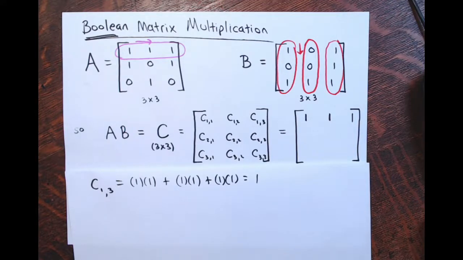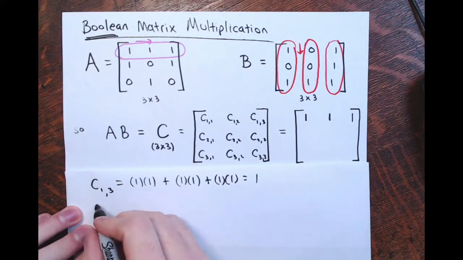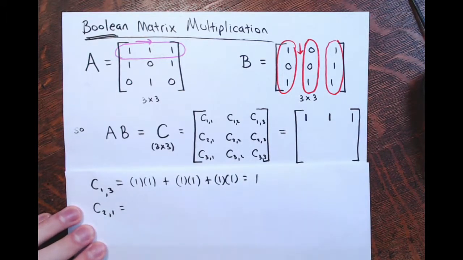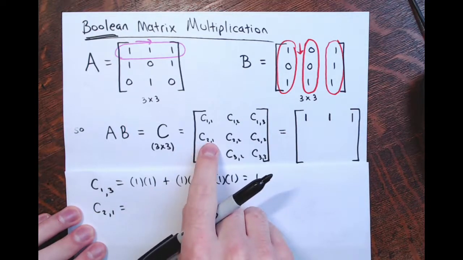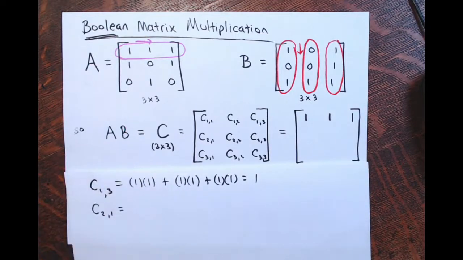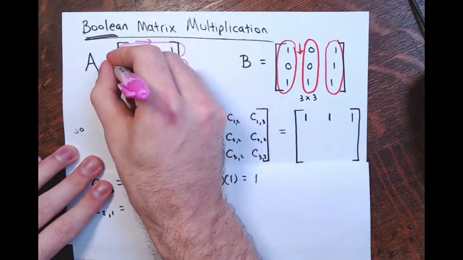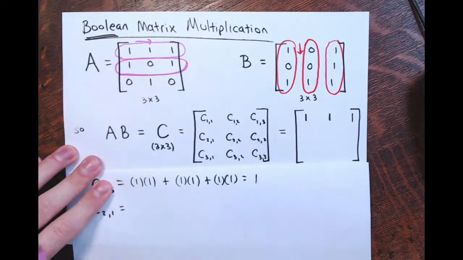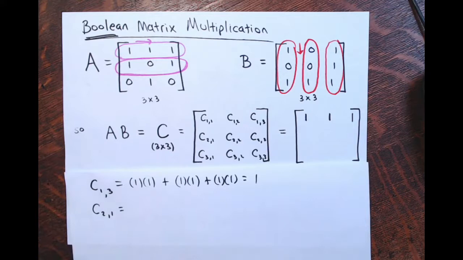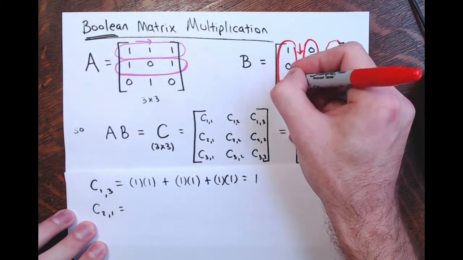Okay. Now, let's take a look at the second row entries. What's C21? If I want the second row, first column entry of the product, I'm taking the second row of the left matrix A, which is 1, 0, 1 in that order, with the first column of B. So I'm back on the first column with the 1, 0, 1.